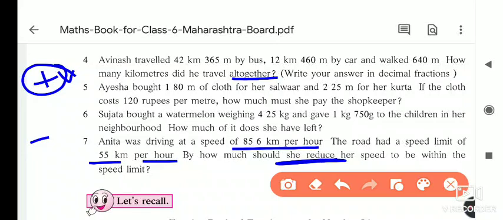So we will see this question. Anita was driving at a speed of 85.6 km, and the speed limit is 55 km. You just do the simple subtraction of this. I will show you. What is Anita's speed?